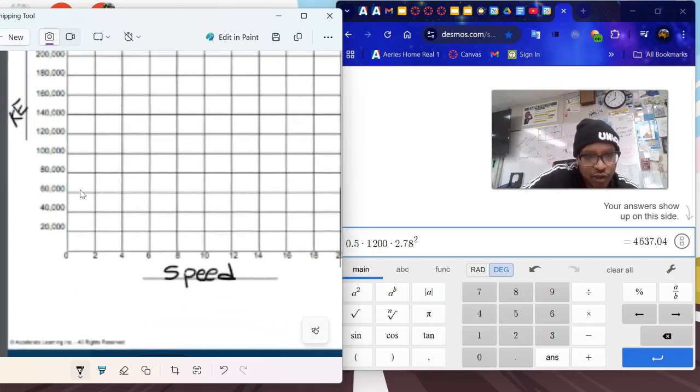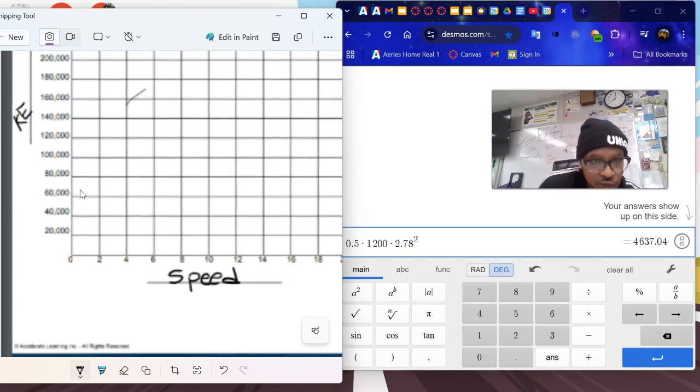So this is 3, so it's probably right in here. And then between here and here is 20,000, so about a fourth of that is what I'm looking at. Then it should be somewhere right in there. And that's how we graph our first data point. Does that make sense?